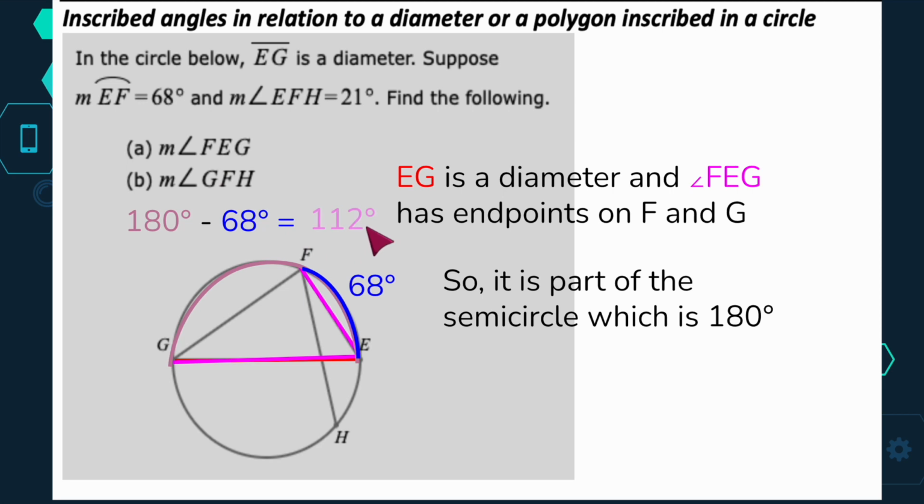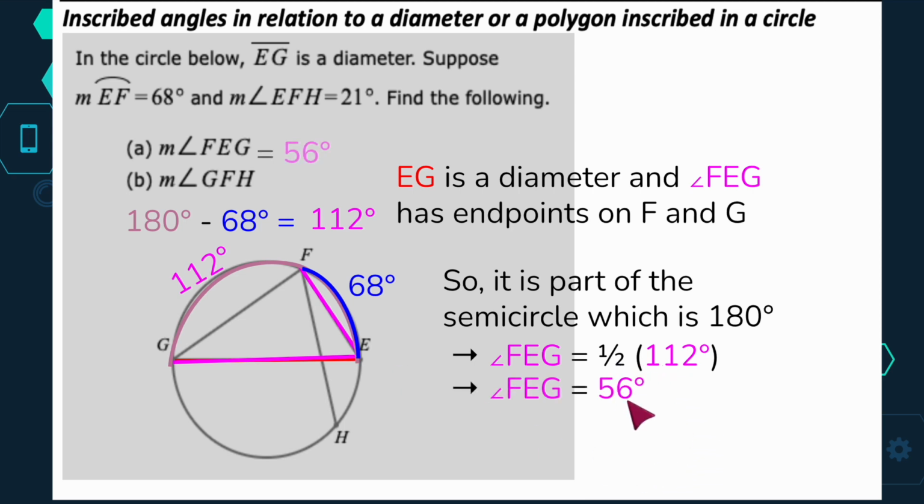If I subtract, I get 112 degrees. So this dark pink arc, the GF arc, is 112 degrees. Now I can divide that 112 by 2, and that brings me back to the inscribed angle that created it. So that's 56 degrees.